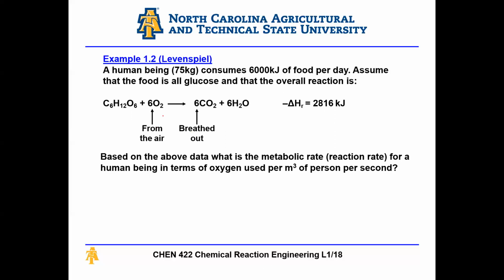The enthalpy of this reaction is right here, and it's 2816 kilojoules. So he consumes 6,000 kilojoules, and we assume all of this food is glucose, so the 6,000 kilojoules undergo this reaction with this enthalpy.